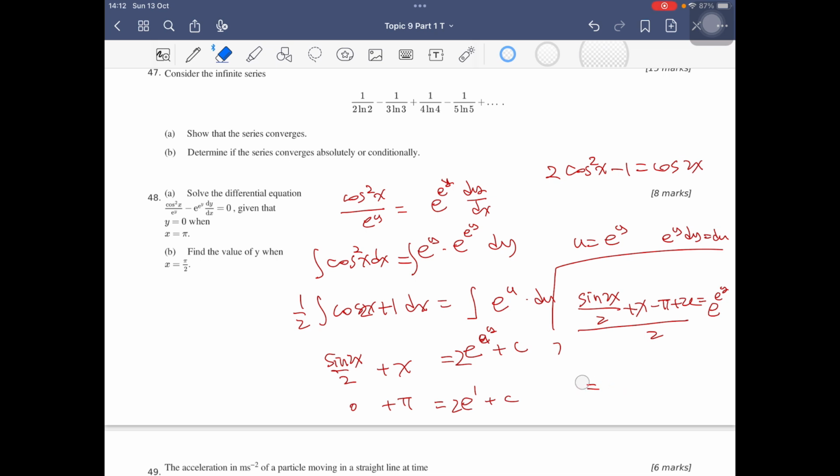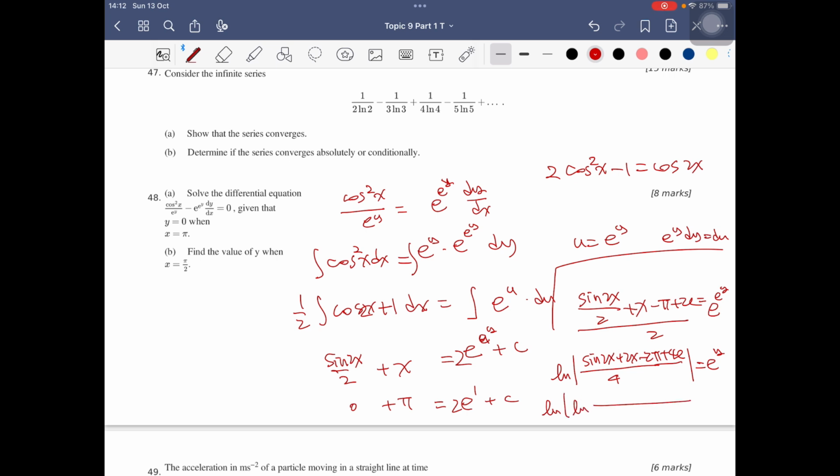So when I apply ln on both sides, then ln of 4 sine 2x plus 2x minus 2 pi plus 4e is e to the y. So another ln: y is ln of ln of sine 2x plus 2x minus 2 pi plus 4e over 4. Wow. So find the value of y when x equals pi over 2.